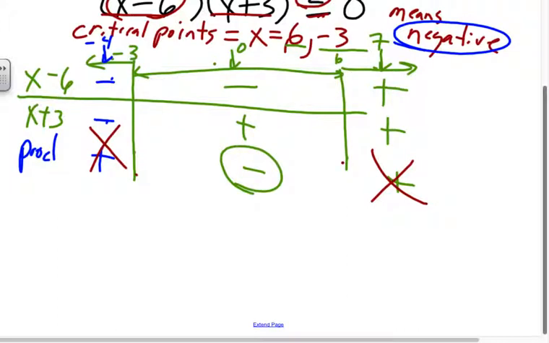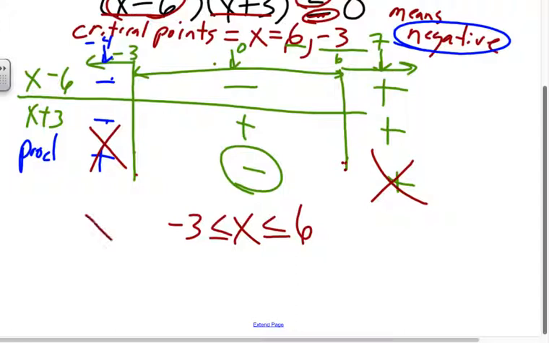So what I know here now is that x is going to have to be bigger than -3. Now I know I can include zeros, which means it can also be equal to -3. But it's going to have to be less than 6. And because I'm including the 0, it can also be equal to 6.